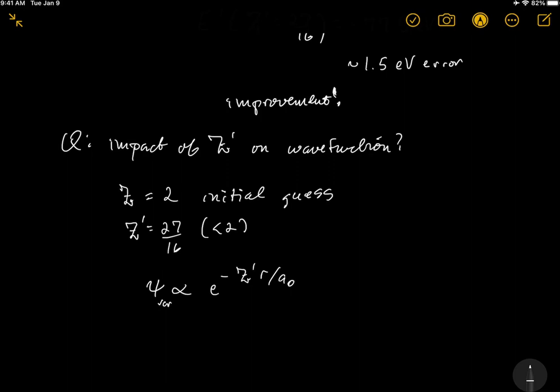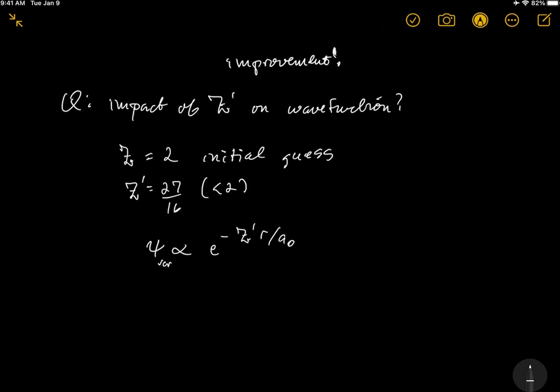So what's the difference between Z equals 1 versus Z equals 2 versus Z prime equals 27/16? Basically, the larger the value of Z, or Z prime, the smaller the wave function.